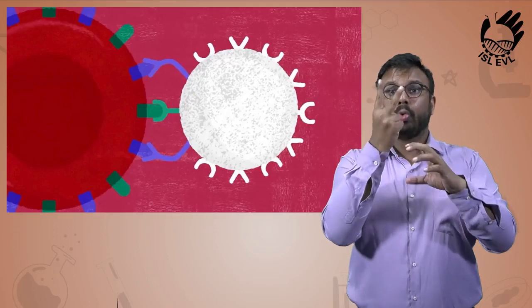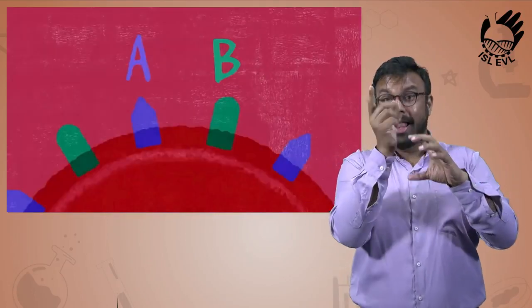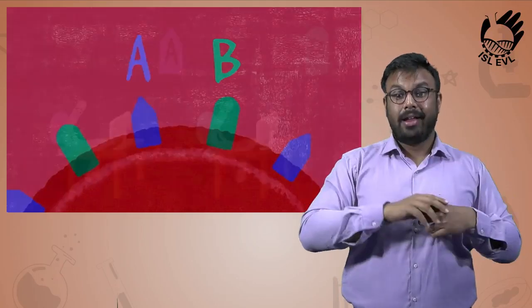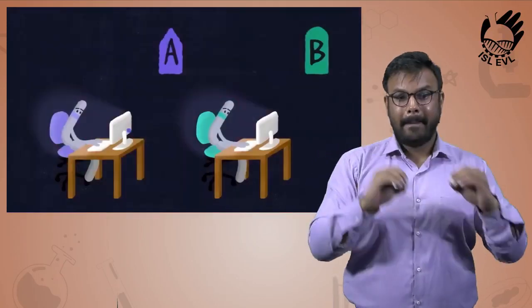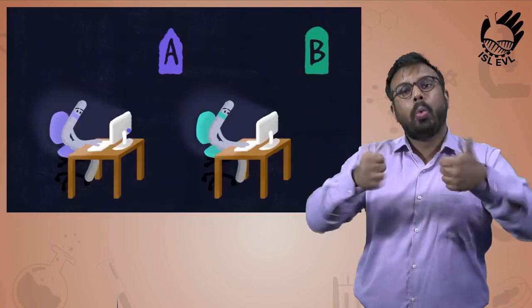The two kinds of antigens, A and B, determine our blood types. But how do we get four blood types from only two antigens? Antigens are coded by three different alleles. The A and B alleles code for A and B antigens.